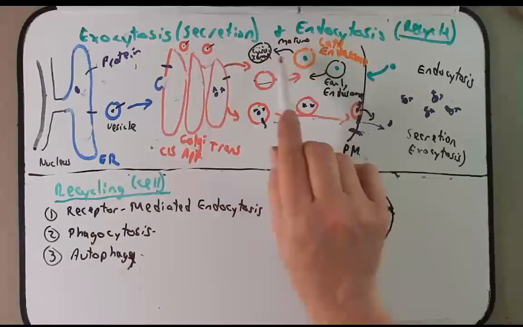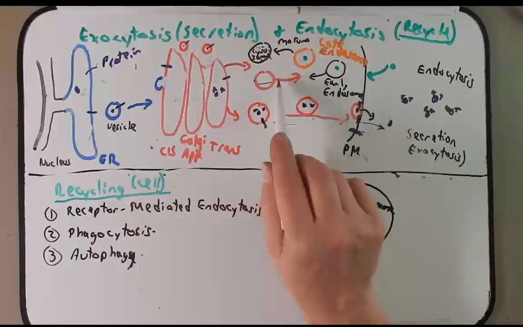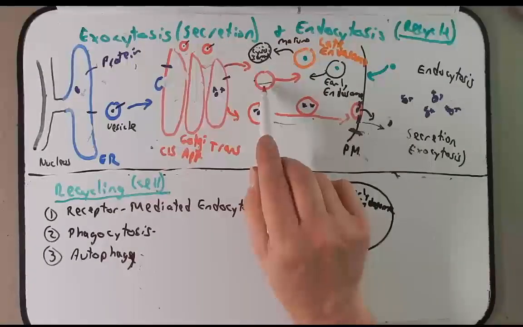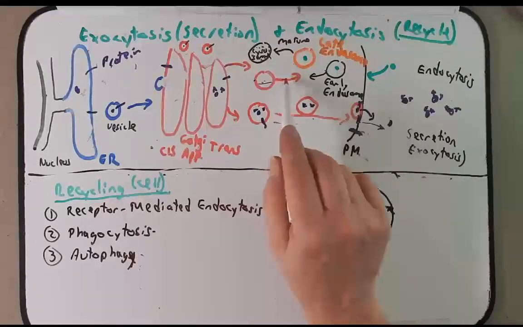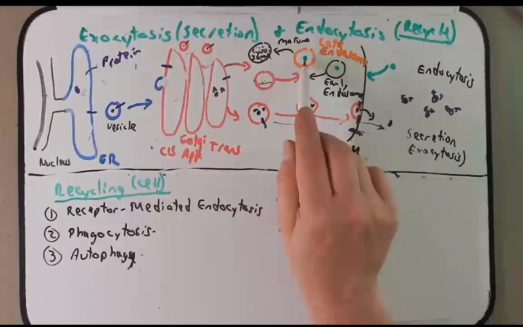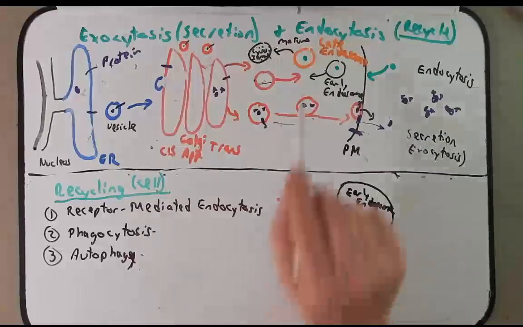And just real quick, we won't go into great details, but if you're wondering how this early endosome turns into a late endosome and eventually matures into a lysosome, remember what we mentioned before: from the Golgi we're going to get these vesicles that are formed, and they contain digestive enzymes that are going to digest any material they come in contact with. As it fuses with this early endosome, it's going to dump in those enzymes that are going to degrade this substrate, or this substrate down here.